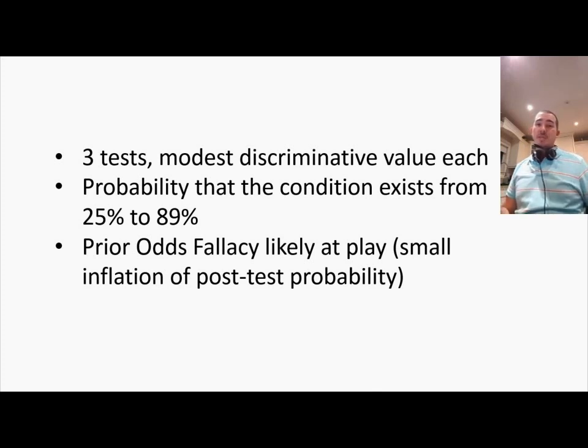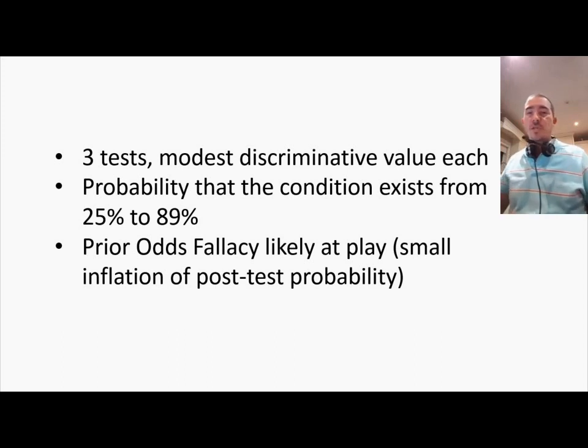Now, some of you may say, but Dave, you're ignoring the prior odds fallacy. If you're saying that, first of all, good for you, smarty pants. You're probably far too smart for this video. Second of all, you're probably right. So the prior odds fallacy has to do with the likelihood or the diagnostic accuracy of a test, assuming we've already conducted other tests, which normally we don't do from a research perspective.